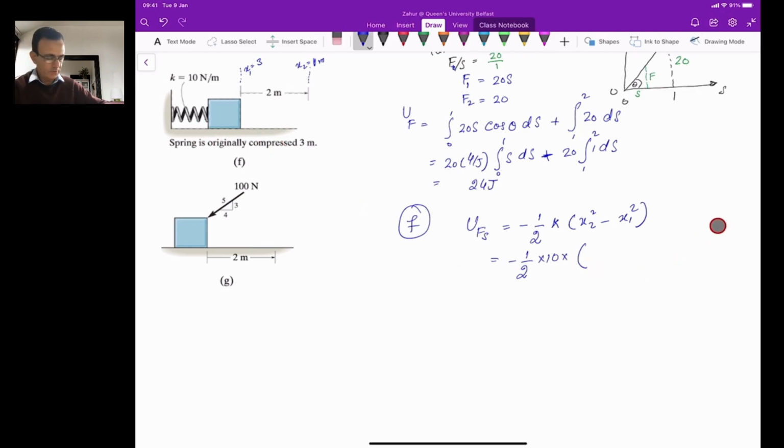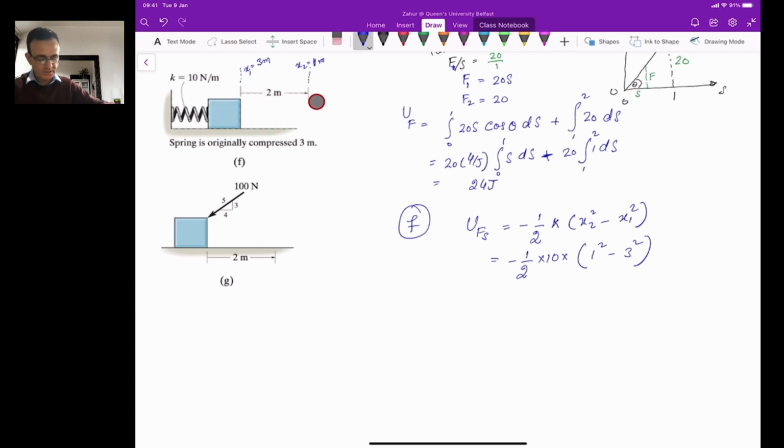So then you just need to put these values here. So x2 in our case is 1 square, and x1 is 3 square. It is important to notice that the spring is originally compressed 3 meter. So at this location, the spring was compressed 3 meter, so the spring was already in compression, and then you open it 2 meter.